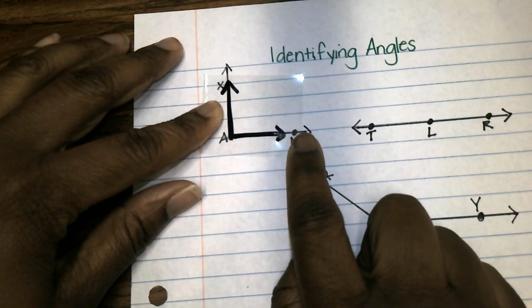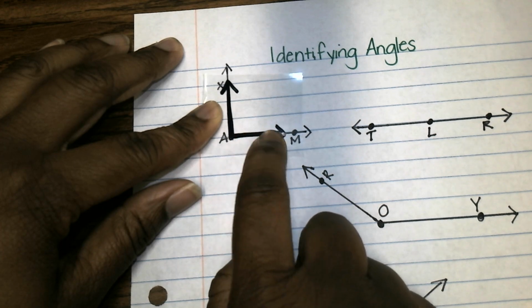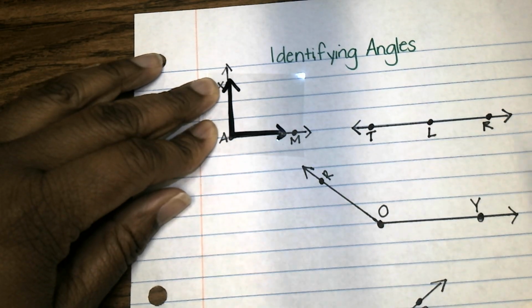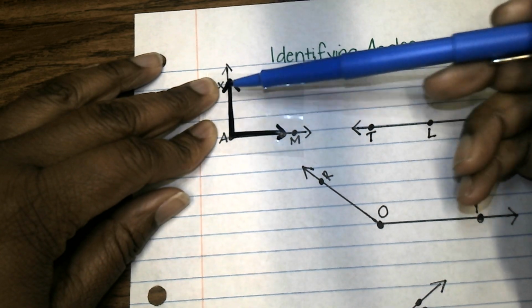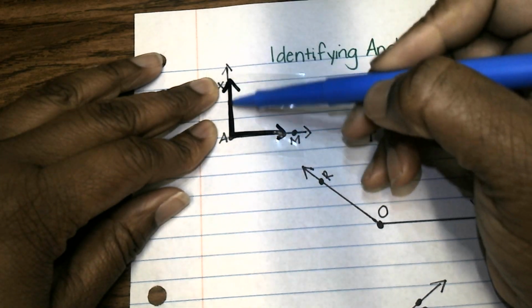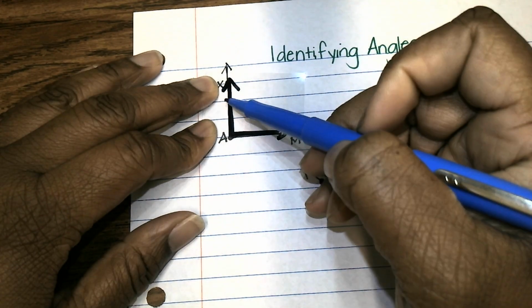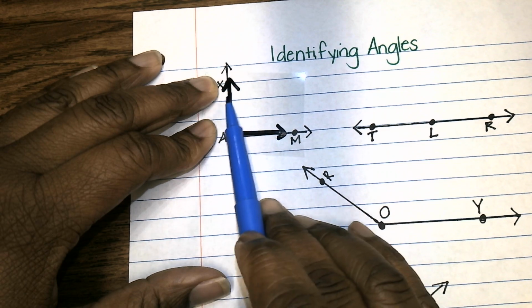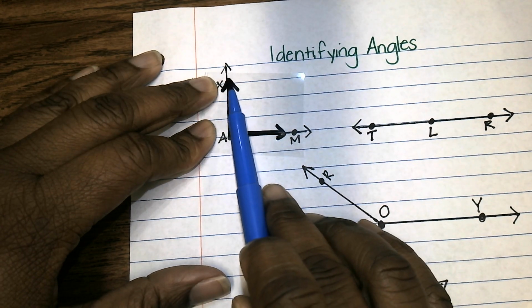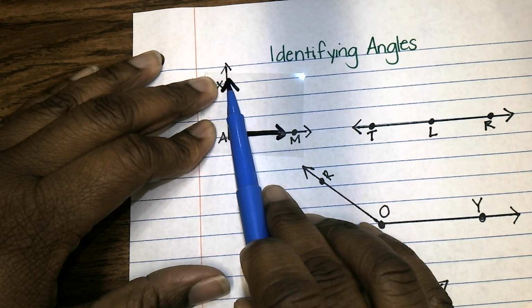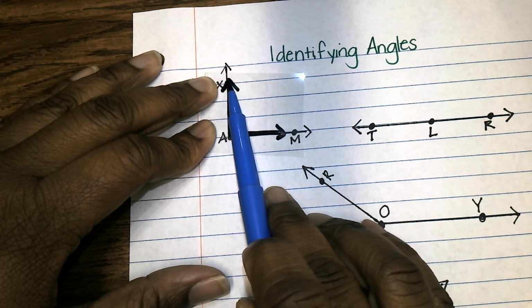Okay? So here, now that that's lined up, we want to pay attention to this line right here, the one that's extending up, or that's upright, because when you're creating different angles, this line is going to move in one of two directions.